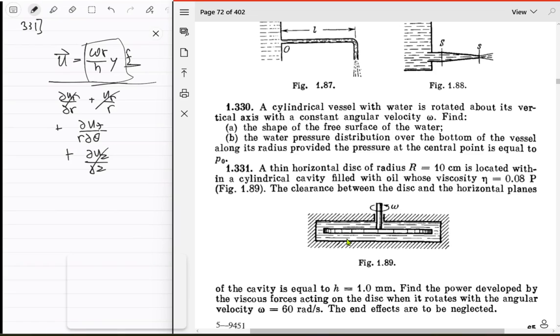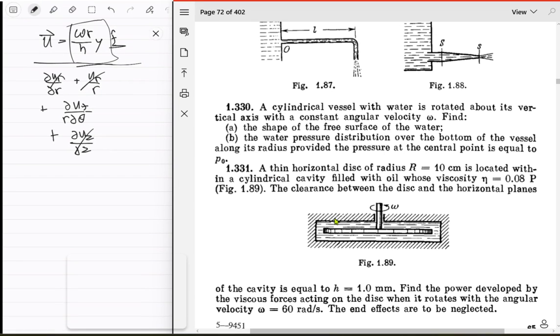So then partial u upon partial y, that will just be omega r upon h, right? Yes, that's a constant everywhere. So the viscous force put on this thing from the lower surface, well, that will just be this thing.